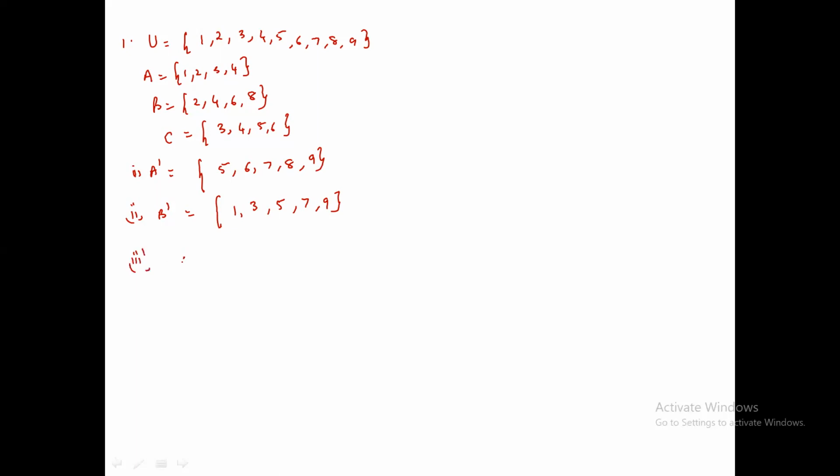Next, the third one is A union C whole complement. First of all, A union C: write the elements of A, write the elements of C. You have to take the complement of this entire thing. That means from the universal set, remove 1, 2, 3, 4, 5, 6. Left is 7, 8, 9.